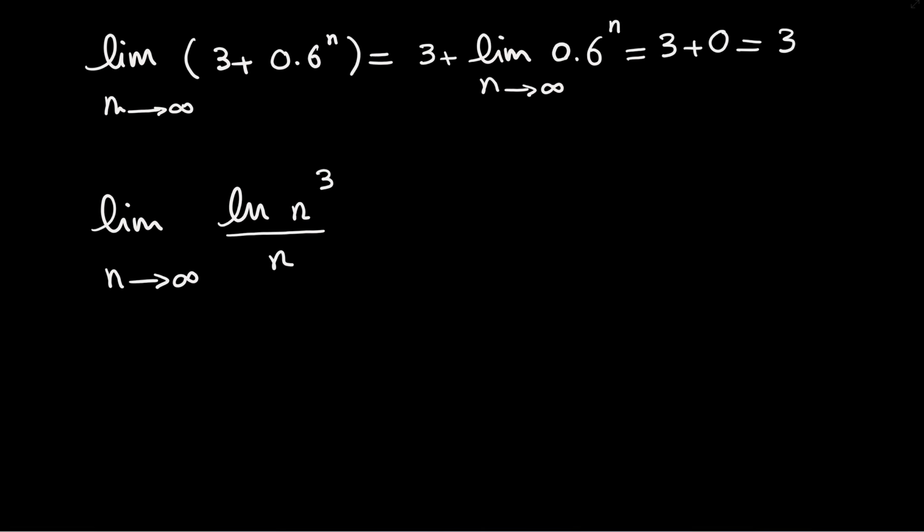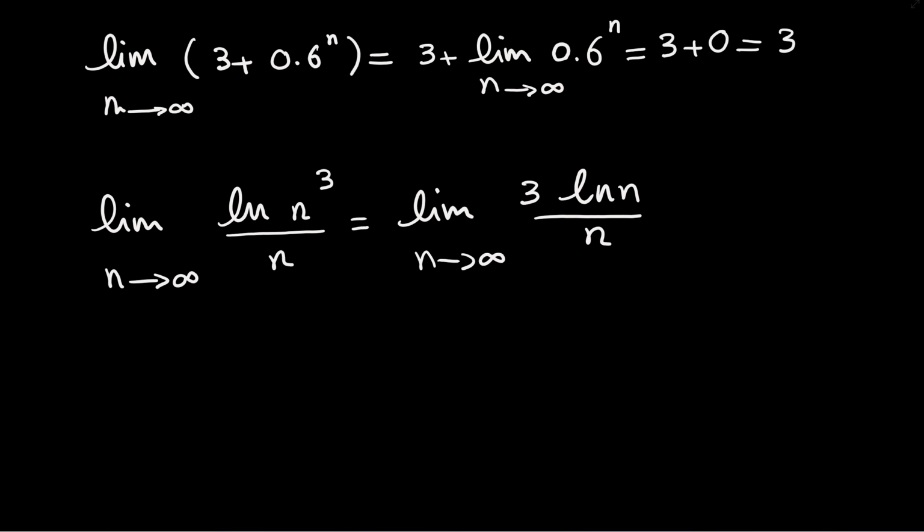But we know that for the logarithmic function, log of a to exponent b is b log of a. So I can write the problem as limit of 3 times natural log of n divided by n when n approaches infinity.